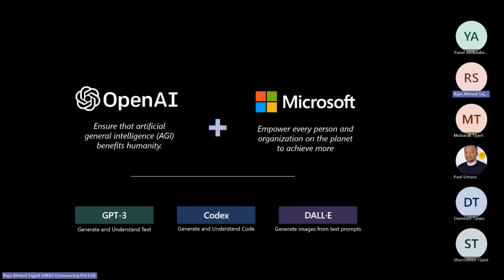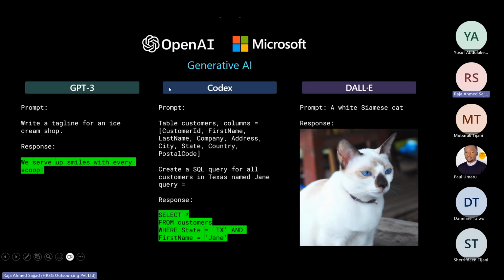In GitHub Copilot, we have this Codex which runs behind the doors. And you all know that with DALL-E too, we can generate all the stuff. I'll try to expedite all these things because you are from a computer science background, so I believe you know how these things work. GPT-3 was for text, Codex generates the code, and DALL-E provides images.